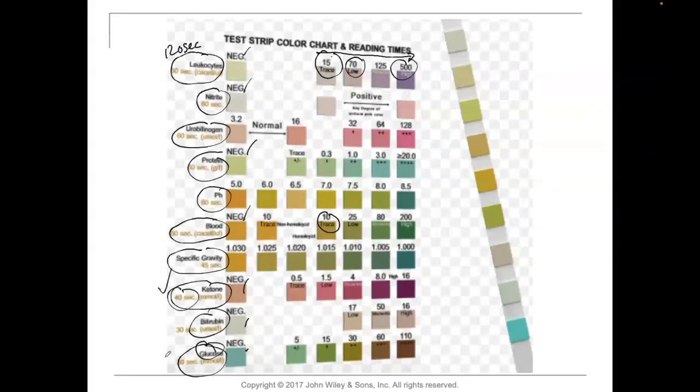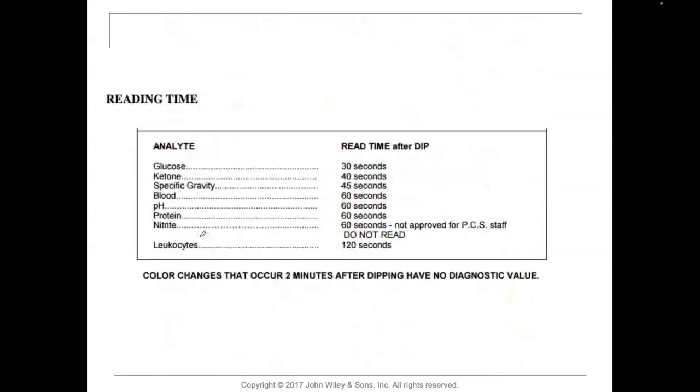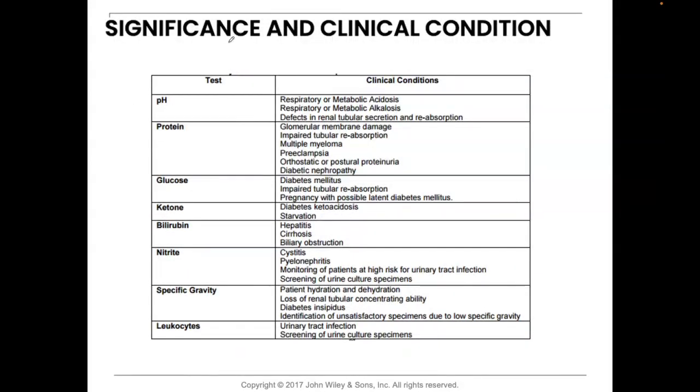If we're checking glucose, you want to check that at 30 seconds, right? So each one is calculated at a different time frame. And different tests from different companies may tell you on the strip at what time frame you're going to be checking these. So what do some of these things measure, right?